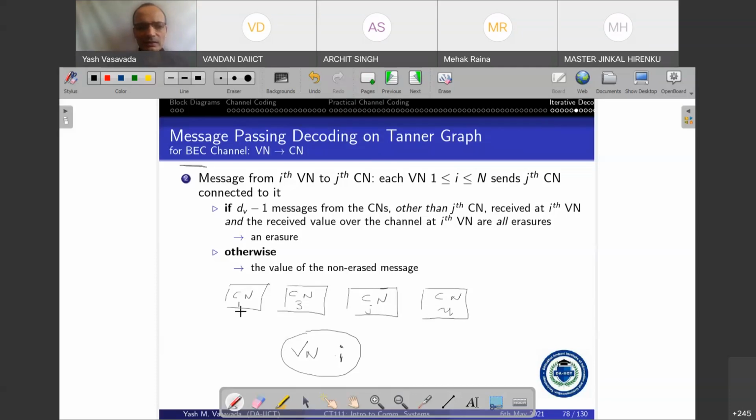So all of these are connected to this VN. So we are deciding how to send the messages, the message from VNi to CNj.